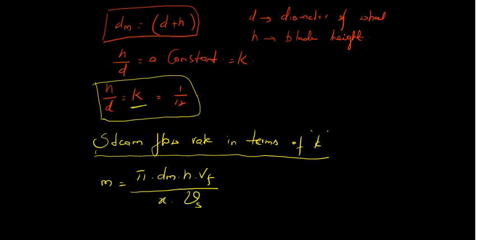Yes, do we remember this? Yes. Now in place of dm, can I write the value of d plus h? Yes, pi into d plus h into h multiplied by Vf divided by x into specific volume.